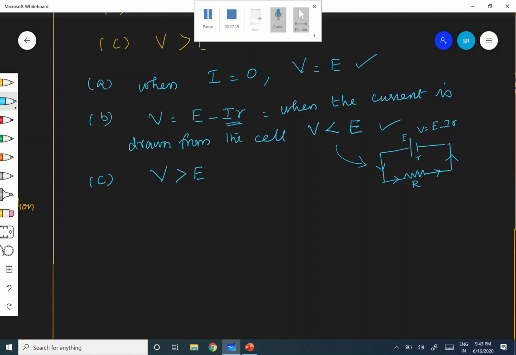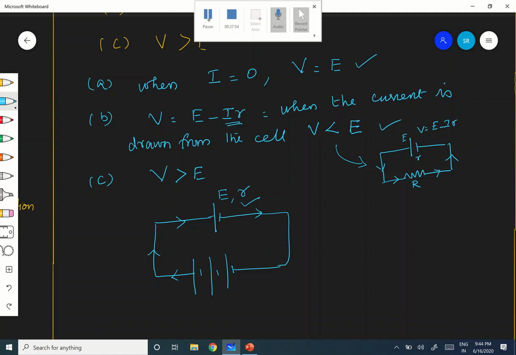But next one is, V is more than E during charging. What do you mean by during charging? See, this is our cell having an EMF E and internal resistance r, but I want to charge the cell. For charging, I am connecting it to a battery. That time, the cell is not delivering the current, but the battery is delivering the current.